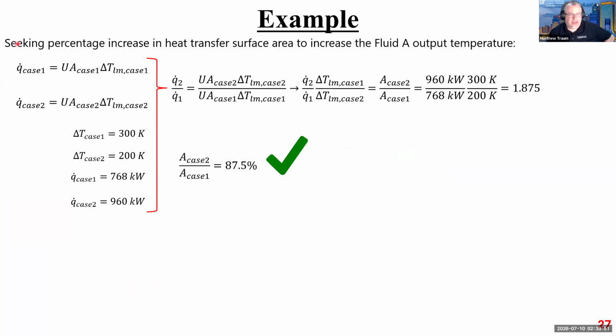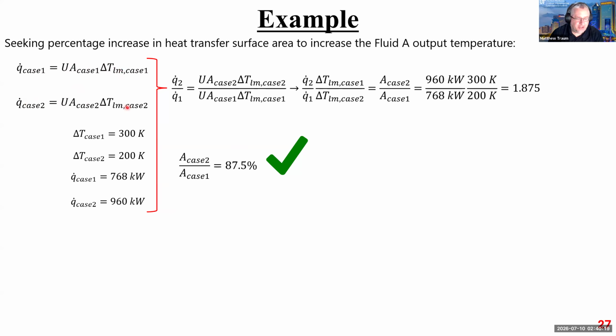So remember, we're seeking a percentage increase in heat transfer surface area to increase fluid A's output temperature. We know for case one that the heat transfer rate is equal to UA times delta T_M for case one. I left the log mean in there because that's how the equation is actually written, but this is just delta T mean, which is that constant value that we calculated.